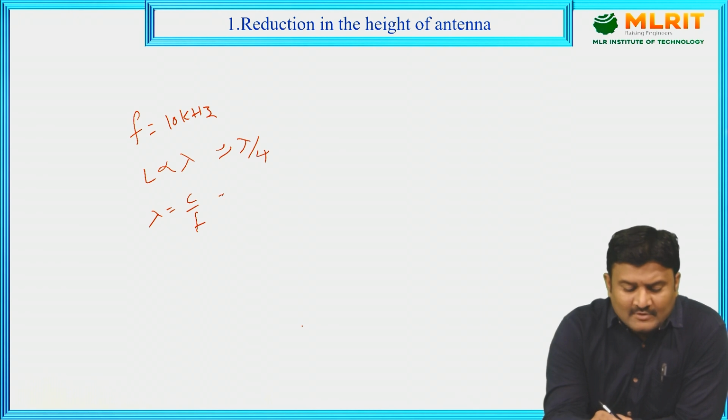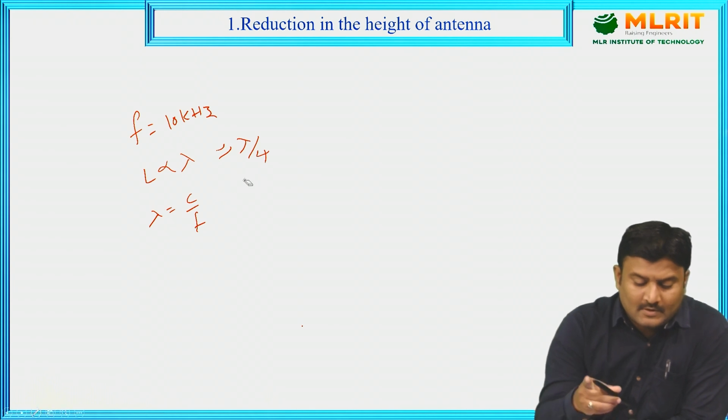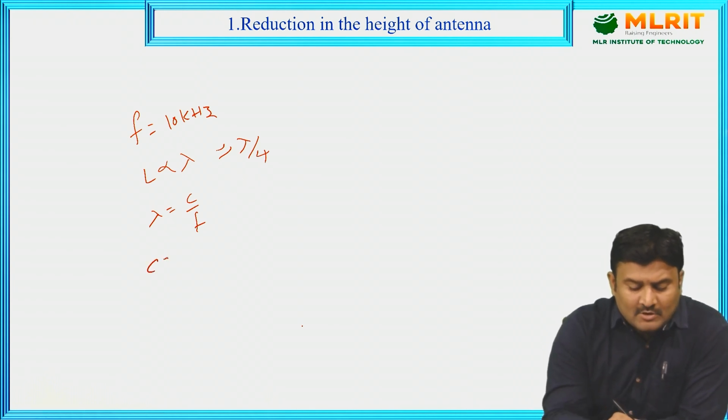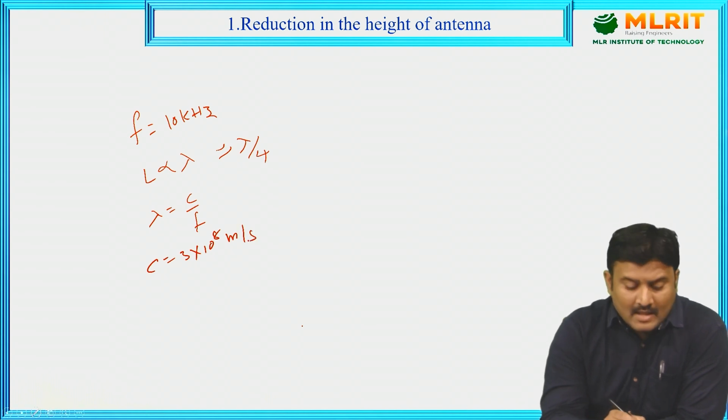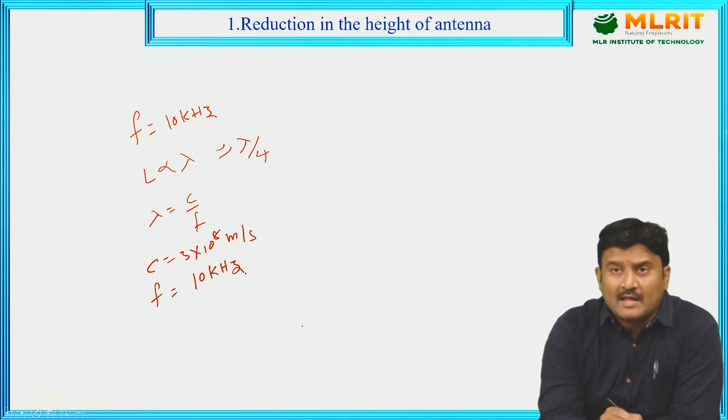You know the value C is equal to 3 into 10 to the power of 8 meters per second, and you know the frequency F is equal to 10 kilohertz. Therefore, you find the lambda, nothing but the height of the antenna.